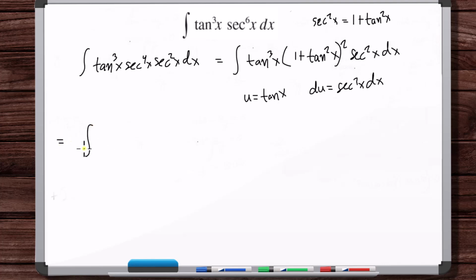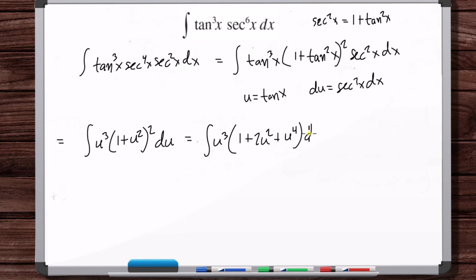So we've got u cubed 1 plus u squared squared du. So u cubed, 1 plus 2u squared plus u to the 4th du. So u cubed plus 2u to the 5th plus u to the 7th du.